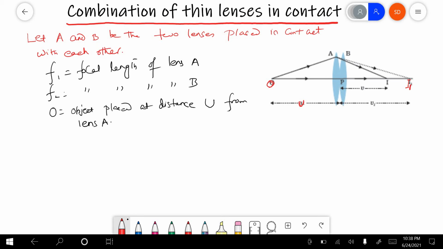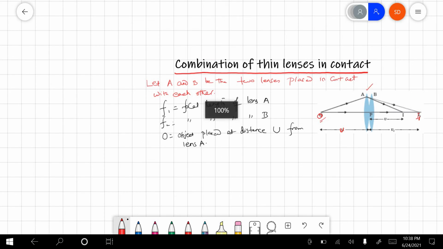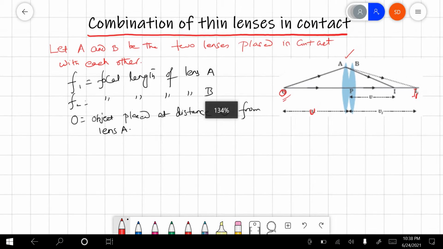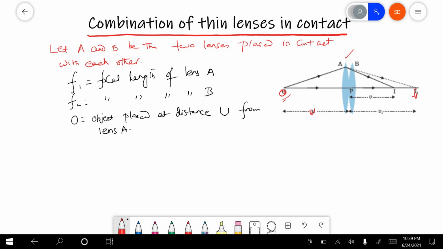I1 is the image formed by lens A of this object O. This image is real, and this image I1 acts as a virtual object for the second lens B, and the final image is forming at I.